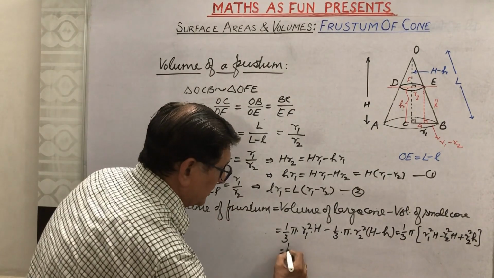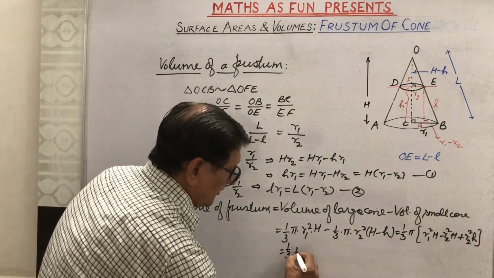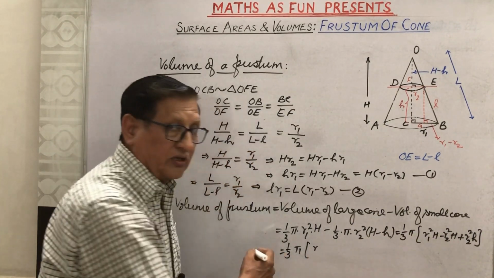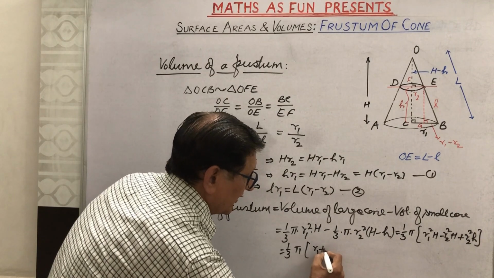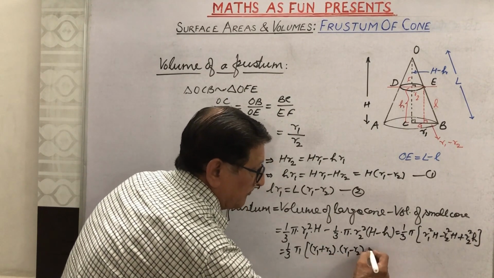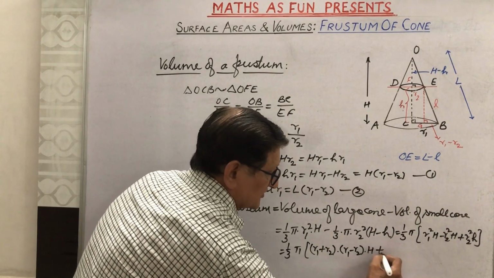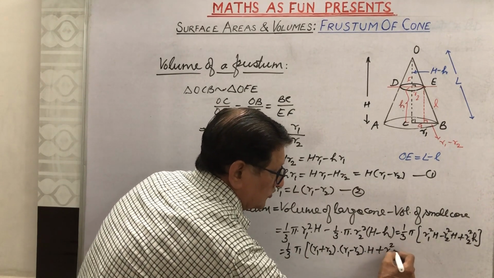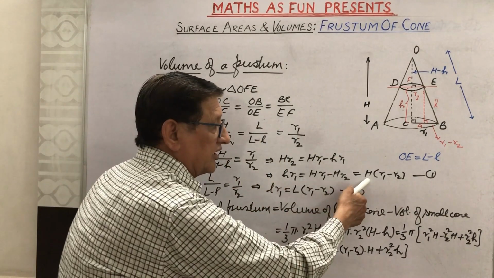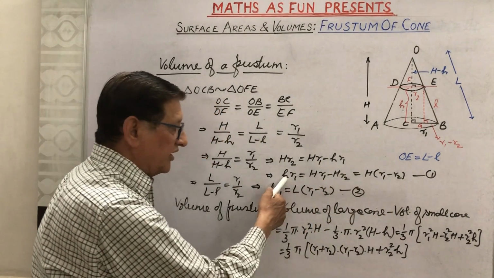What can we get from here? This is 1 by 3 pi into, is it R1 square minus R2 square, which can be written as R1 plus R2 into R1 minus R2 into H plus R2 square into small h. And we have seen here that H into R1 minus R2 is hR1.